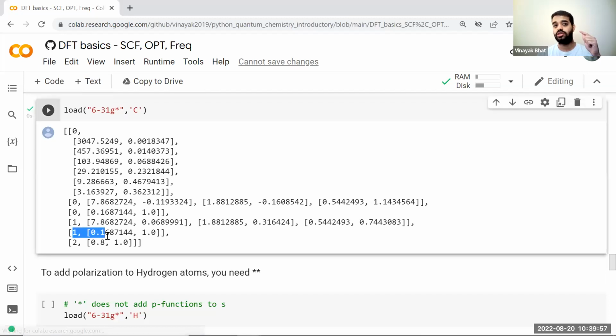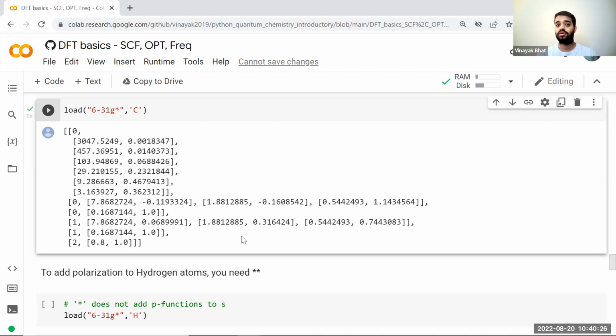Over here, the highest L value is 1, which is 2p. So for 2p functions, it's going to add a 3d function. And because d functions are more polarized than p functions, if you add d functions to p functions, it will be more polarized.